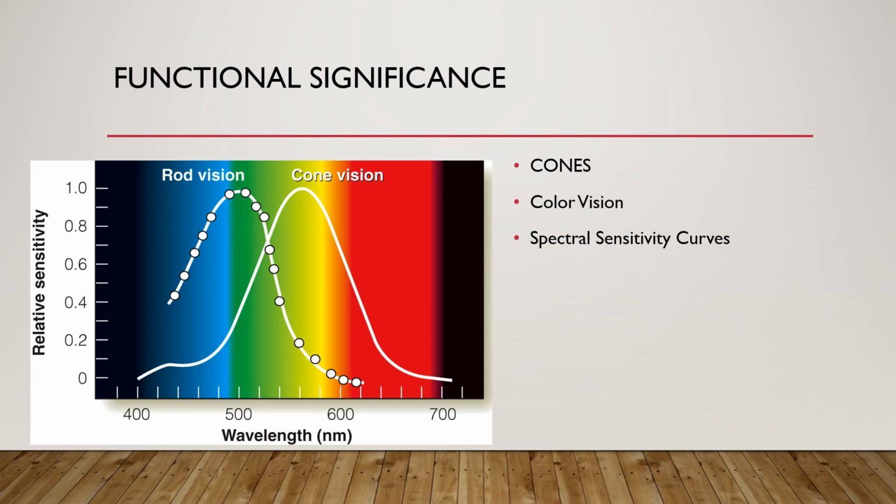The rods are best at about 510 nanometers. That's where they have their maximal absorption, or their most sensitivity. And the cones have their maximal absorption, their best sensitivity, right around 560 nanometers.